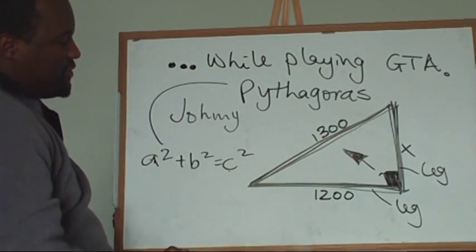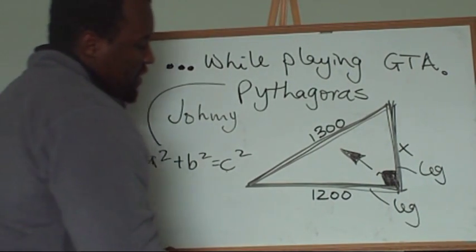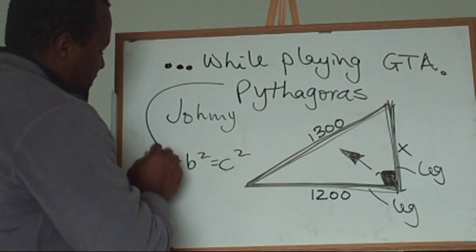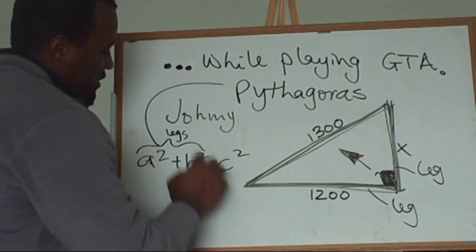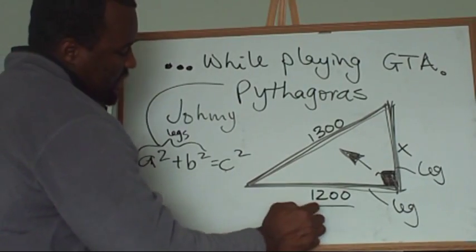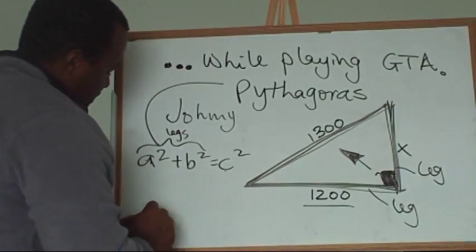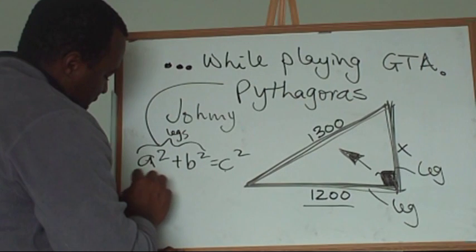So, all you need to do is plug in the numbers. Remember that a and b must be the legs. I know one leg, I don't know the other one. So I'm going to call the one I don't know a.